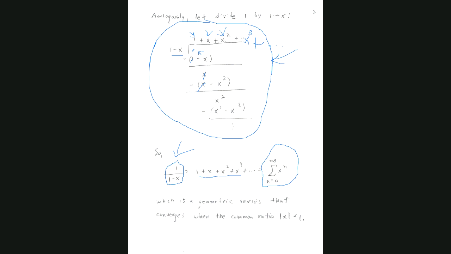But also, what kind of power series is this? 1 over 1 minus x equals a special kind of power series. Look at the series. What kind of special power series is that?